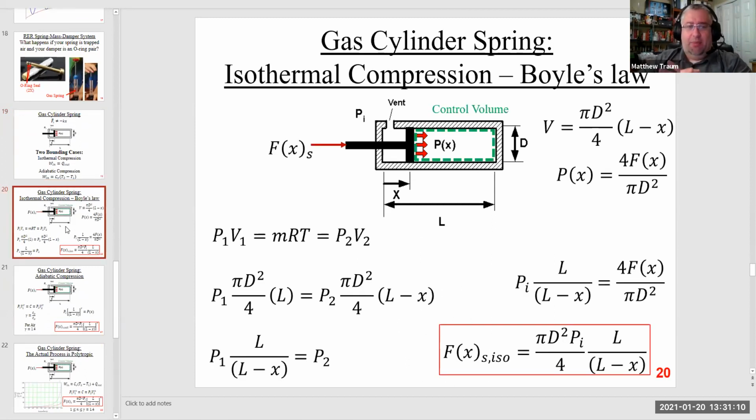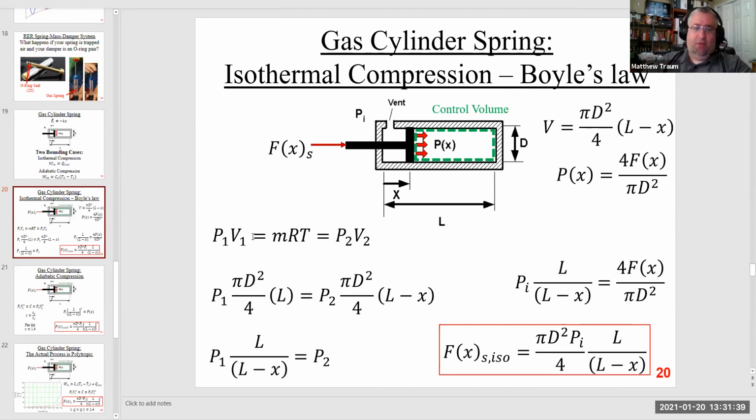Okay, so how do we tackle these two extremes? Well, an isothermal compression happens at constant temperature. You might remember all the way back to high school or lower division chemistry, there's a thing called Boyle's Law, which says that for an ideal gas at constant temperature, the product of PV for state 1 is equal to the product of PV for state 2.